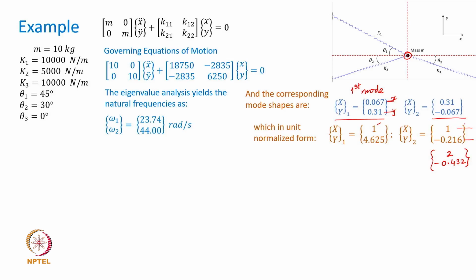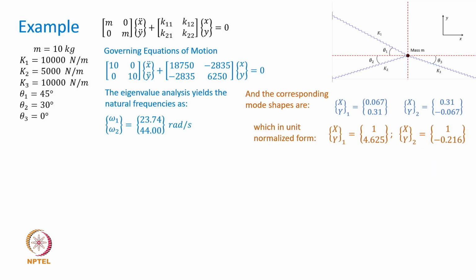For example, in this second mode, if x is moving 1 unit here, y is going to be moving minus 0.216 unit, which means that at one extreme the position of this mass will be here, and at the other extreme it will go to there, and this mass is going to be continuously shuttling back and forth in this fashion, so that at any instant of time the ratio of the x and y displacements maintains this particular form. Okay, so that is the meaning of it.